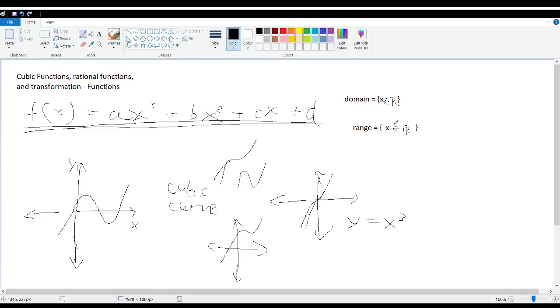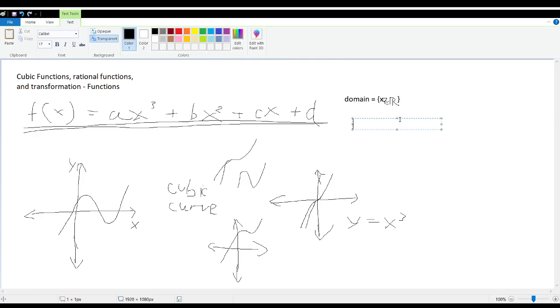Wait, why is it x? Hold on. Sorry about that. It's supposed to be in y. Let's just erase that. The range is that for any y value, it's a real number.